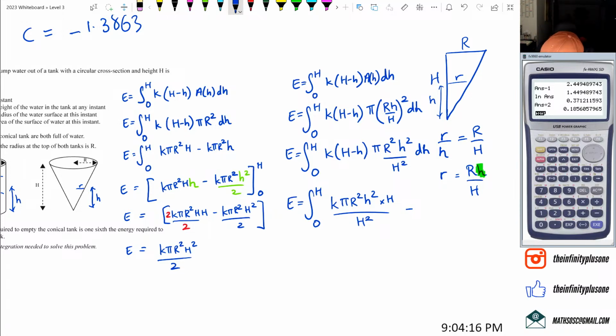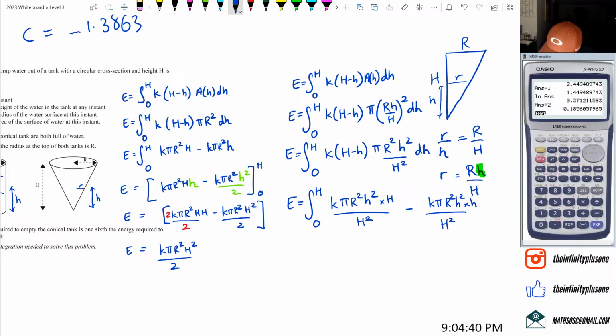I'm going to get annoyed with this. Then we got K pi R squared H squared over H squared multiplied by H. So all I've done is just expanded the brackets there. But I feel like I've missed something. No, H squared, that's all looking good.